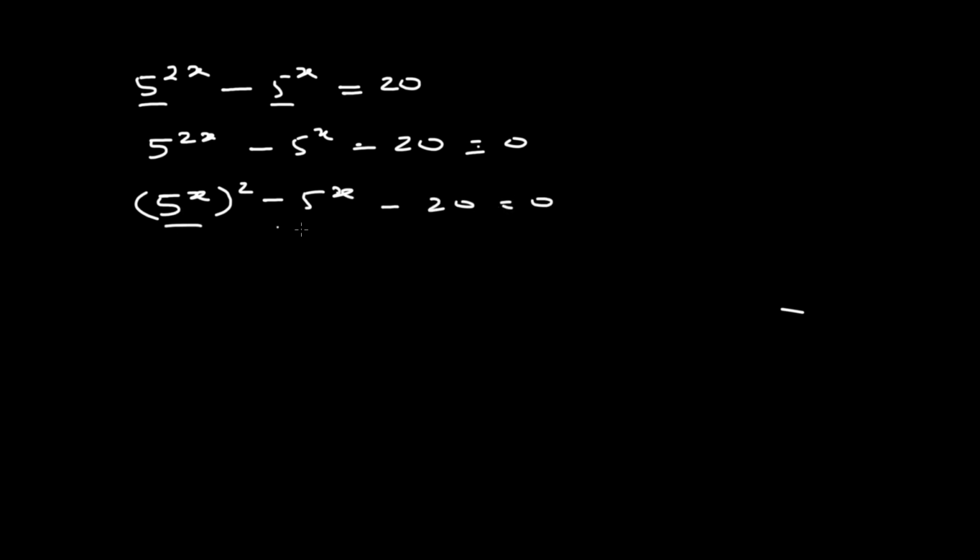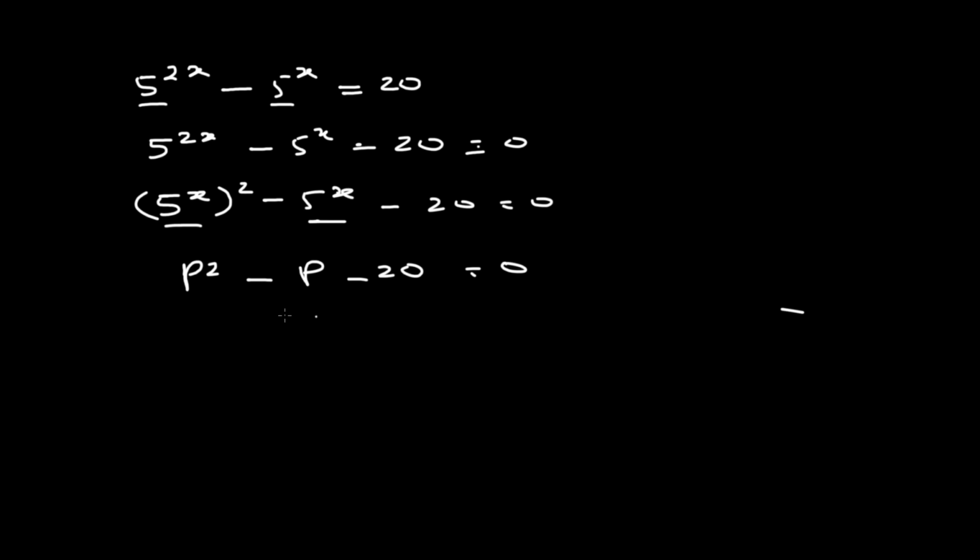Right, then this, now we can put a variable here like p squared minus p, because we're saying 5^x is equal to p. Okay, minus 20, similar to the previous example.